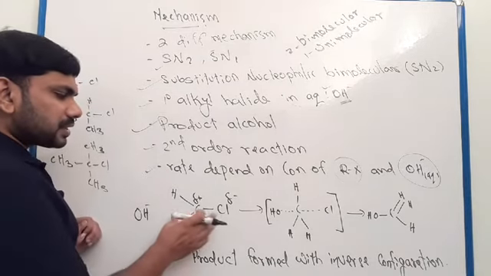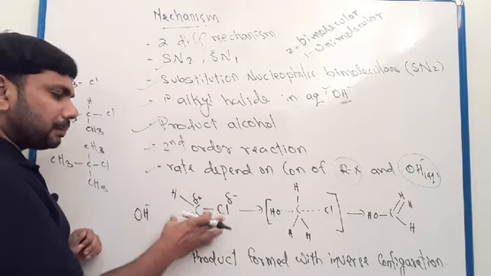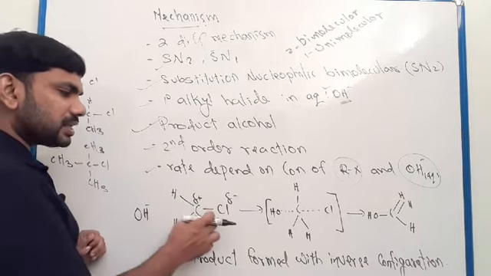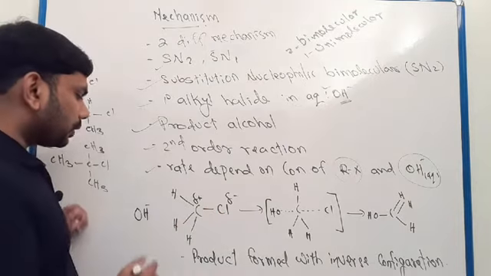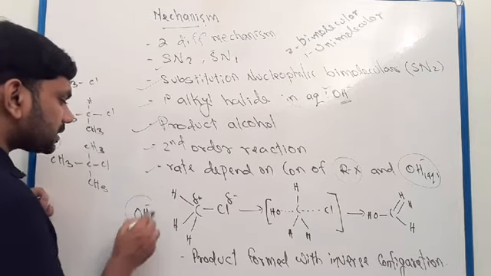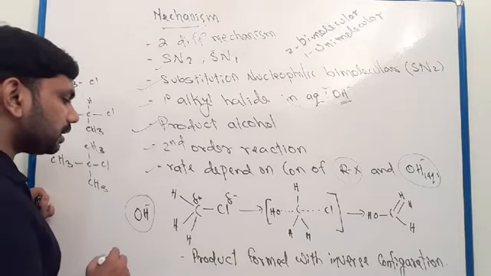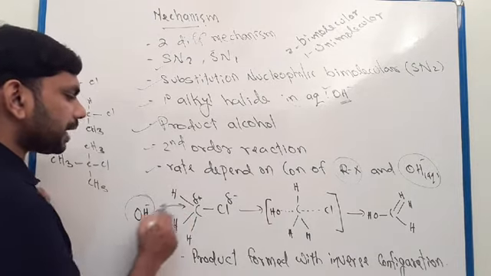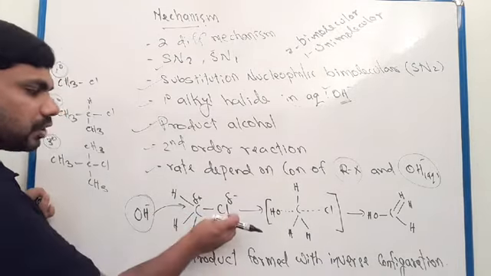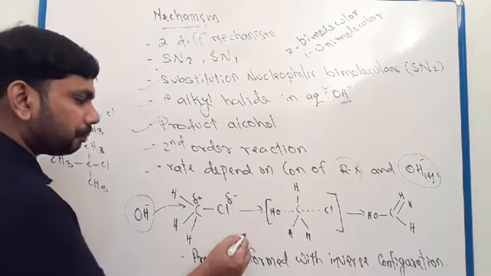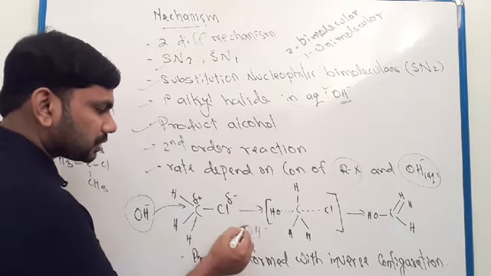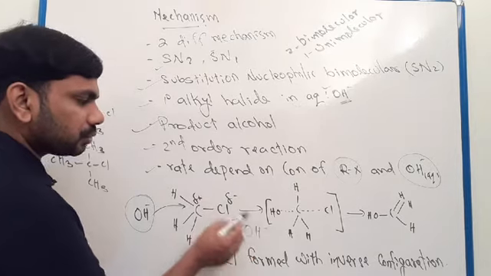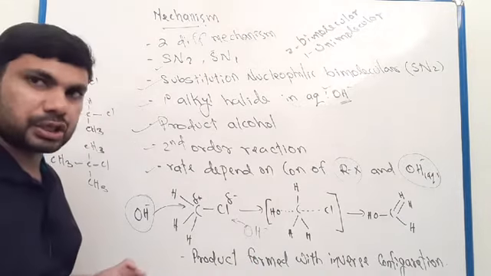So look here, this is one primary alkyl halide, CH3Cl. We know the nucleophile is a negatively charged particle, so it will attack the carbon atom from the backside direction, because here there is already a negatively charged chlorine. So OH minus cannot come from this direction, because with two negative charges there will be repulsion.